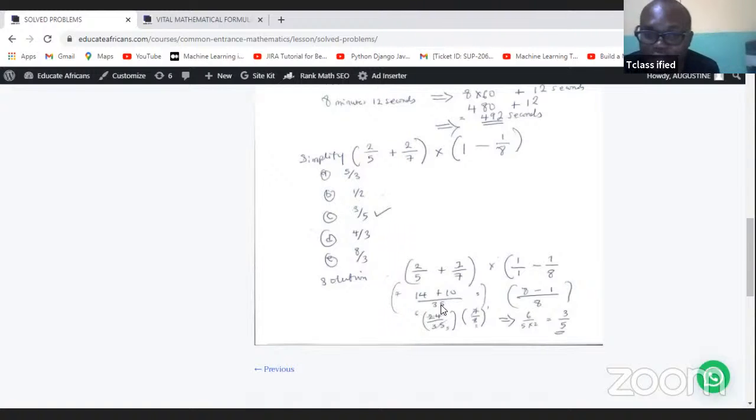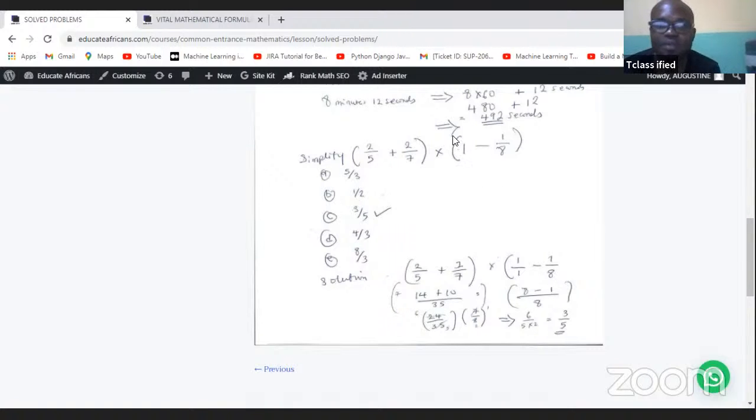So 35 divided by 5 is 7, and 7 times 2 is 14. Then 35 divided by 7 is 5, and 5 times 2 is 10. So 14 plus 10 is 24, and we have 24 over 35.